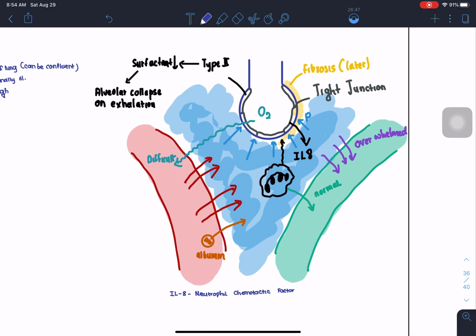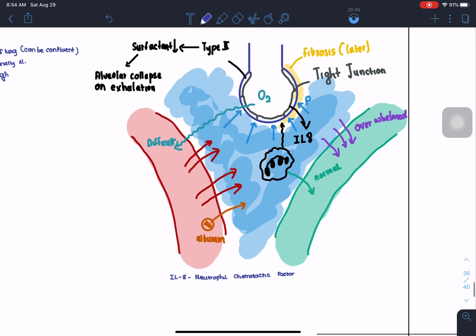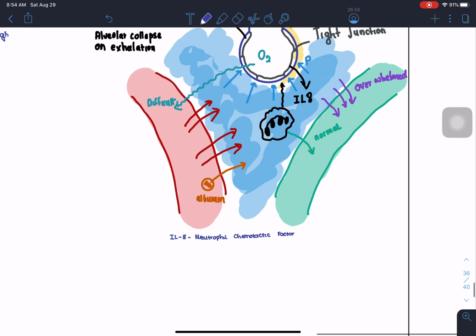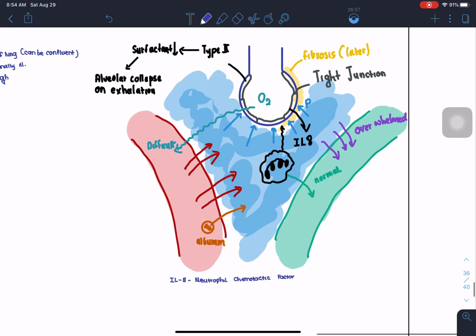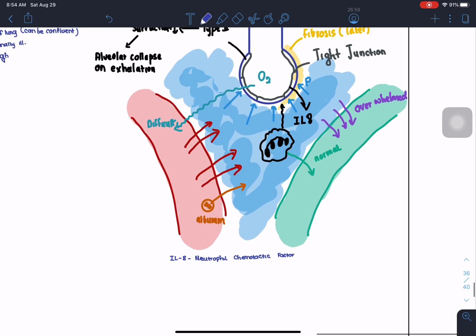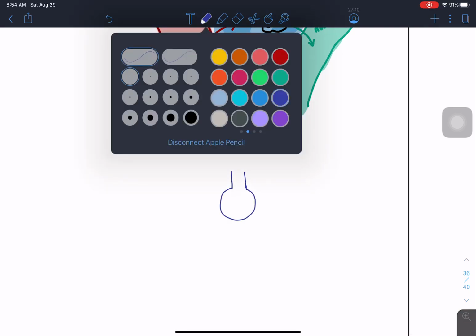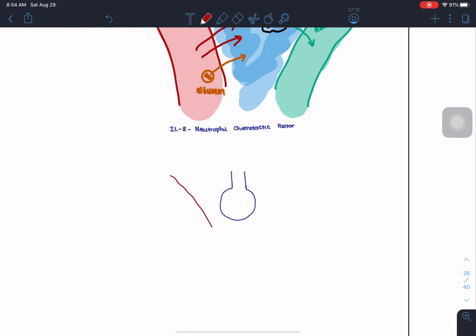Okay, so what is the pathogenesis? How does this process happen? Let's take it. This is a basic inflammatory reaction. So first, you have the alveoli. And let's say this is the blood vessels.